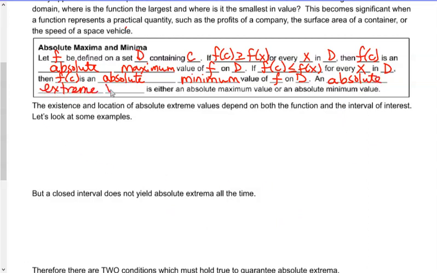So, talking about both of them together collectively, we can talk about absolute extreme value. Sometimes we refer to it as absolute extremum, etc.